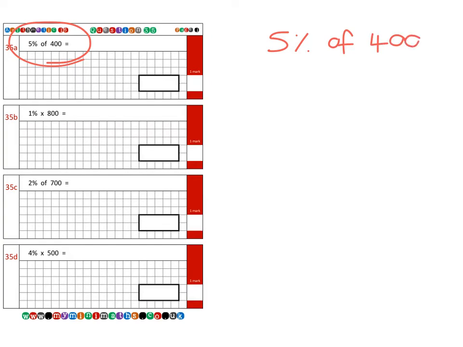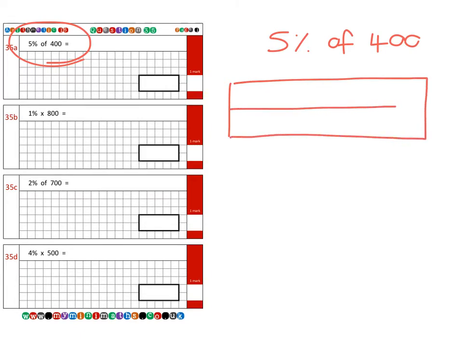Okay, so the first thing we need to do is calculate 10%. So if I take the 400 and break that down into 10 equal parts, I know that the whole 400 is 100%. So if I divide that into 10 parts, each one is going to be worth 10%.